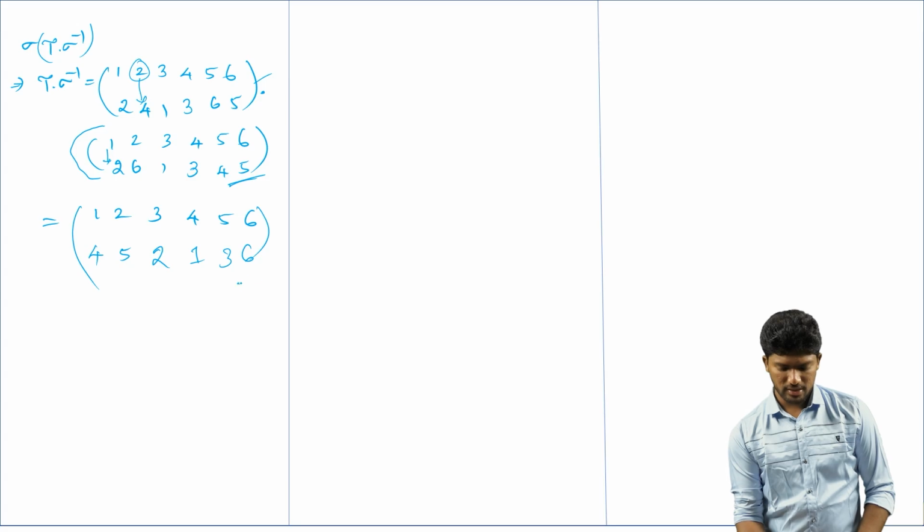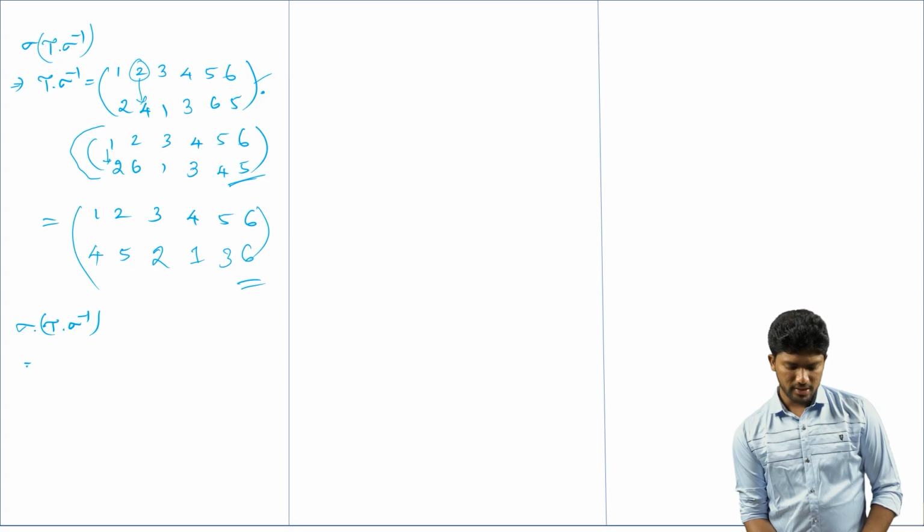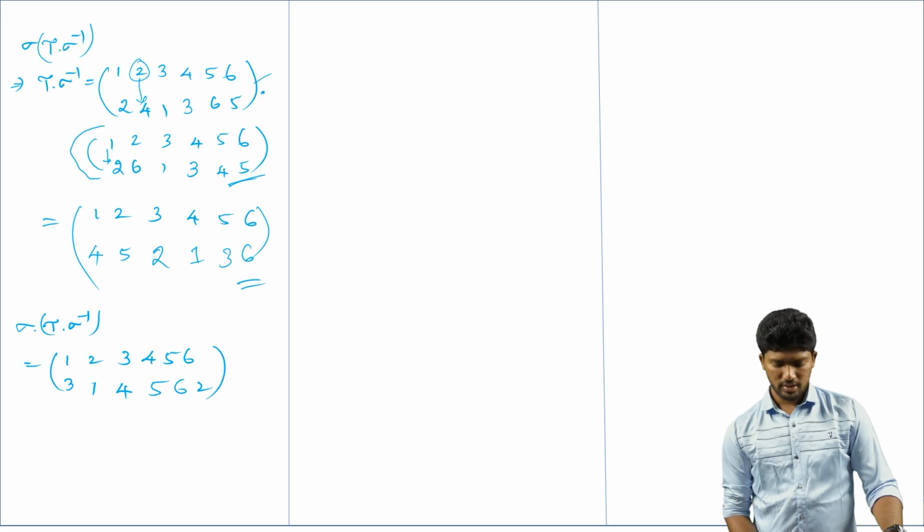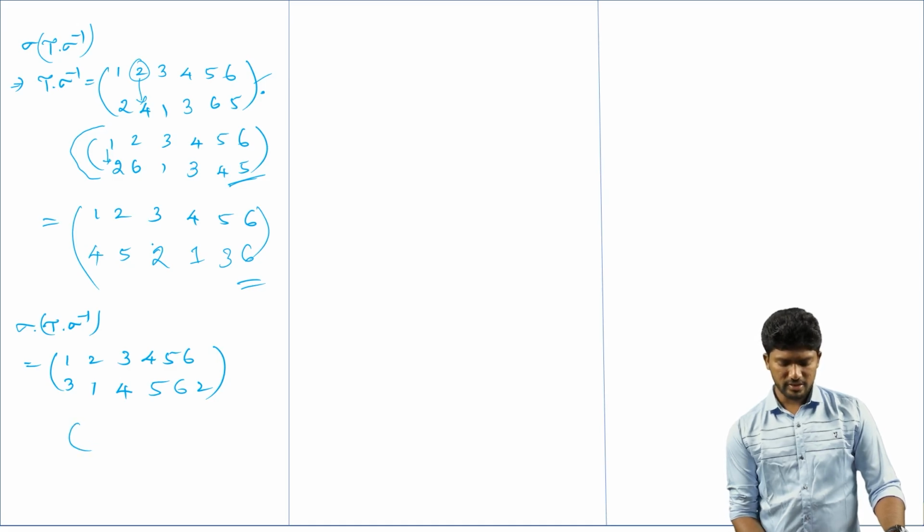Now I am taking that total problem: sigma into tau into sigma inverse. Okay. So therefore sigma, substitute the sigma value. This is the sigma value, and tau into sigma inverse value I am writing. Okay.